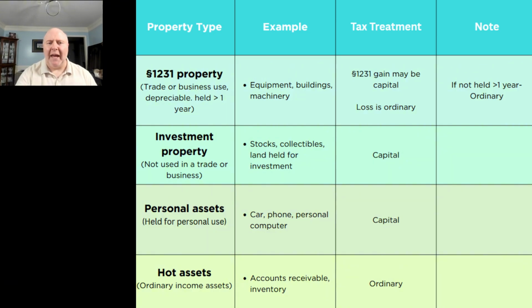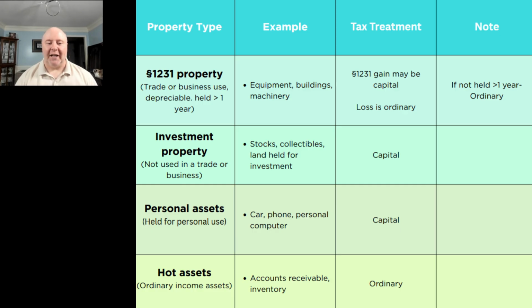So they say, hey, I'll pay you later. Well, when they do that, what's happening is there's an accounts receivable. And when they collect on those accounts receivable, they collect payment for that PlayStation or Xbox. Well, then that's going to be ordinary as well. It's just as though they had sold that inventory.